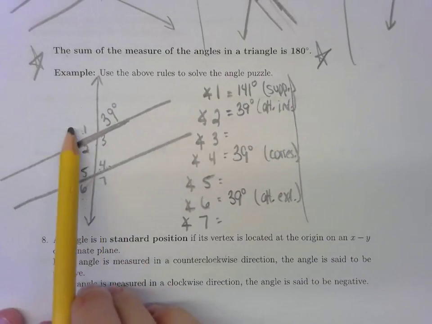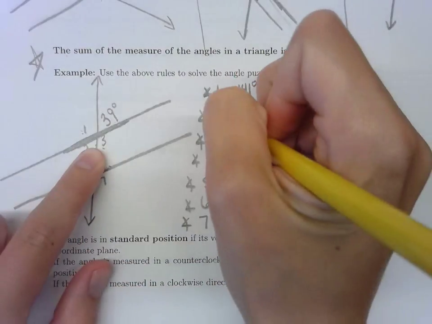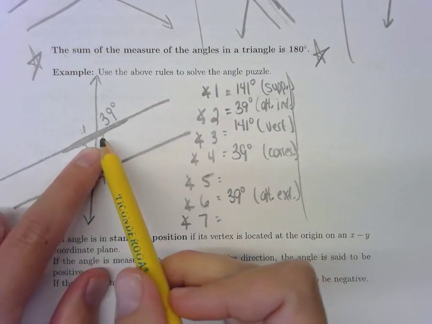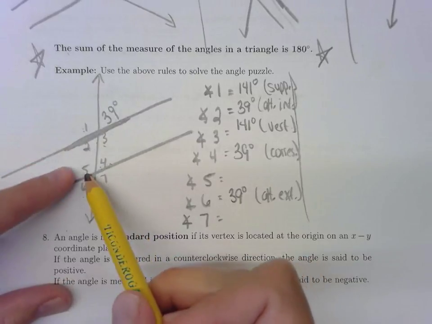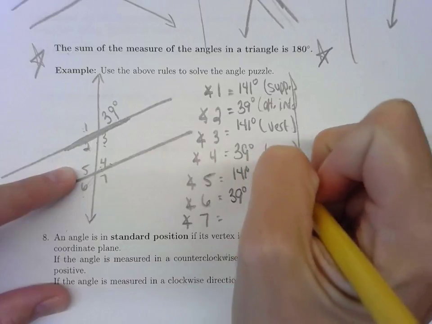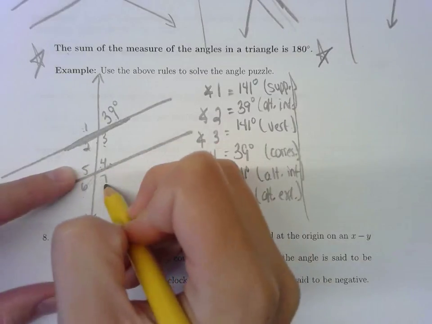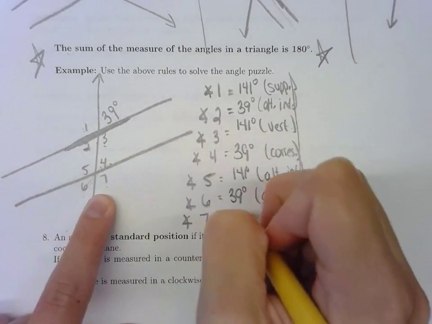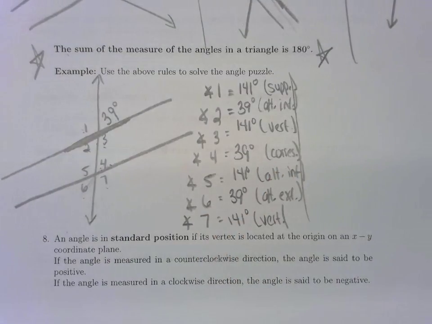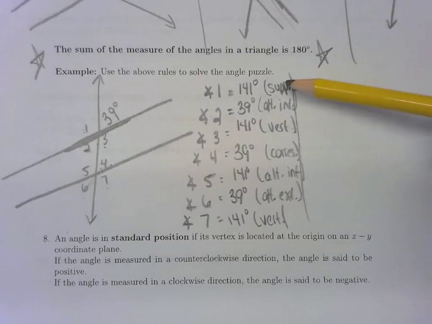By vertical angles, angle 3 is 141. By alternate interior, angle 5 is 141. And then by, again, vertical angles, which is probably the easiest to see, angle 7. You can have different reasons for these. Those are just the ones I saw first.